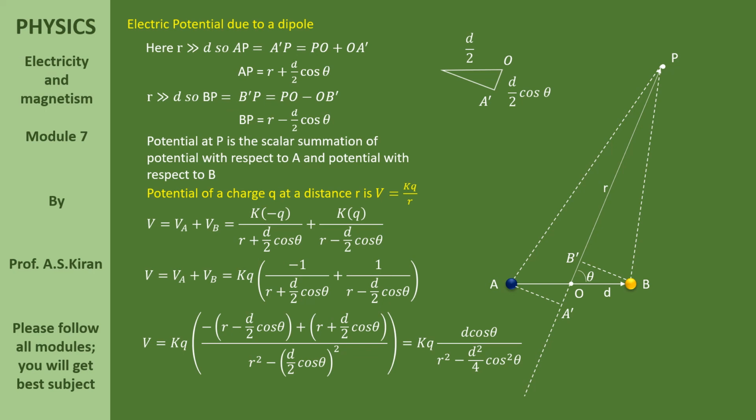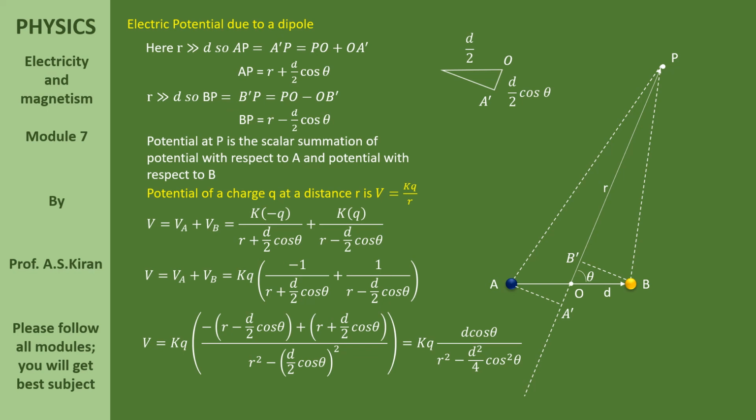Now, here is some observation algebraically. In the entire calculation, in the entire explanation, we are in a supposition that d is very smaller than r. Of course, there is no matter of comparison in the numerator, but in the denominator, there is some comparison.